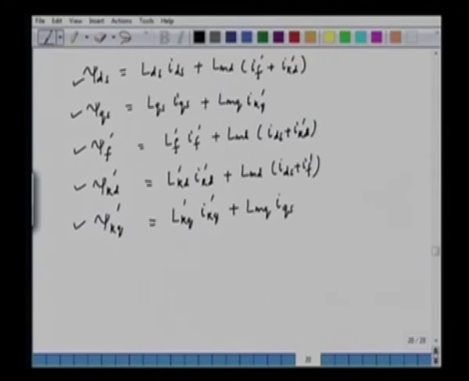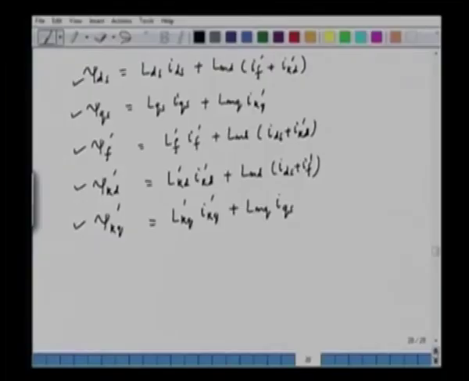When we draw the equivalent circuit, we have to understand that all the variables are referred from the primary side, and hence we have to multiply by the appropriate number of turns to get the variables on the primary side. The rotor variables referred to the primary side are shown as prime variables, like psi f prime, psi kd prime and psi kq prime.